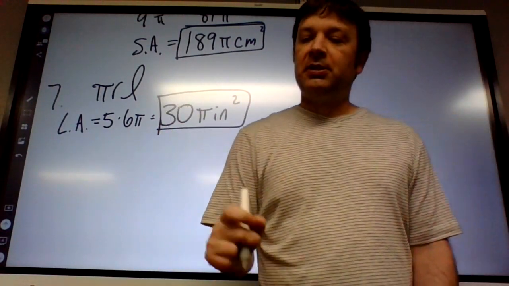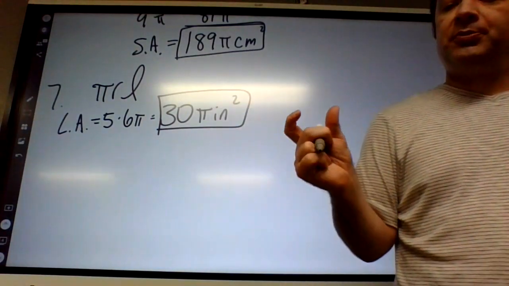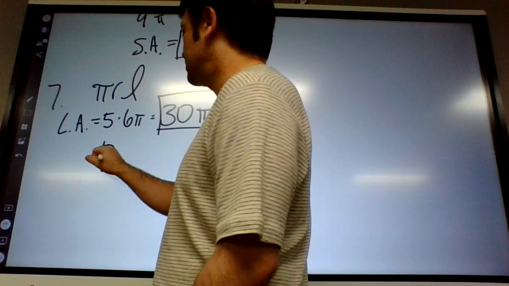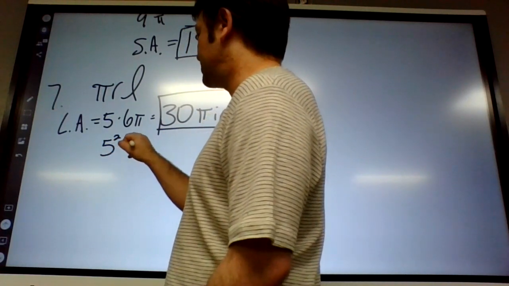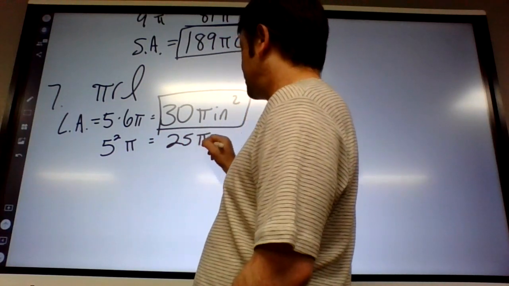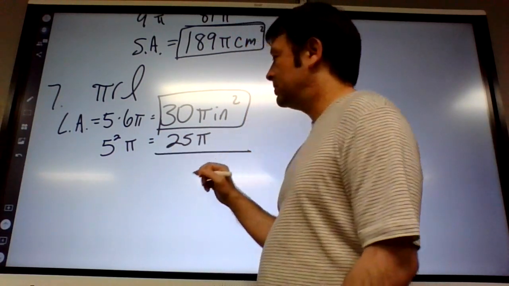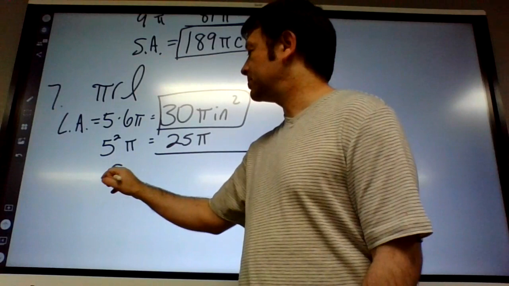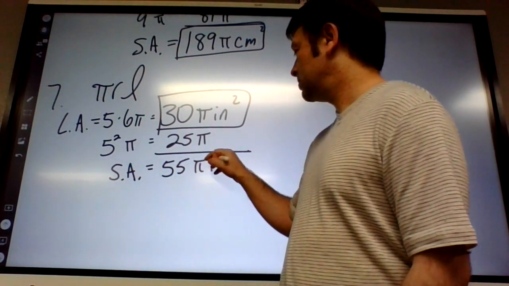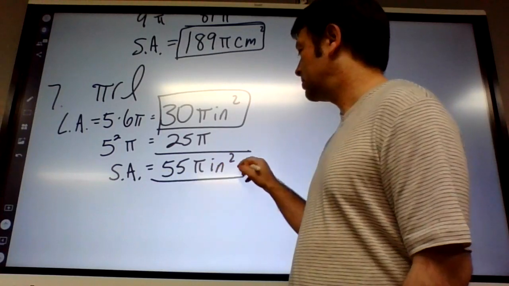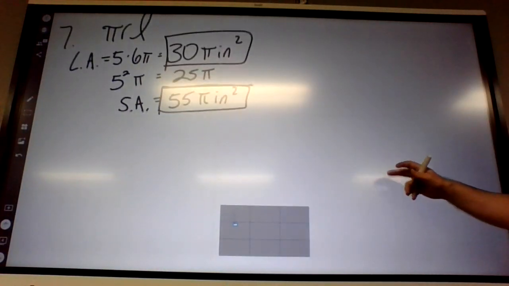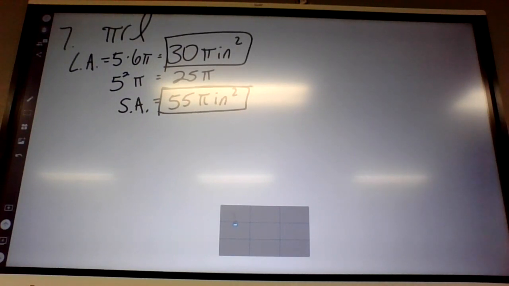Then the base is a circle with radius 5. So what are we going to do with the radius? 5 squared times pi. So the base is 25 pi. So the total surface area is 55 pi inches squared.